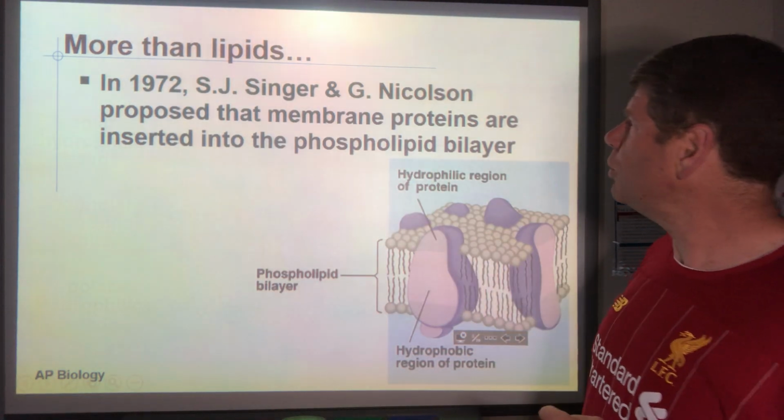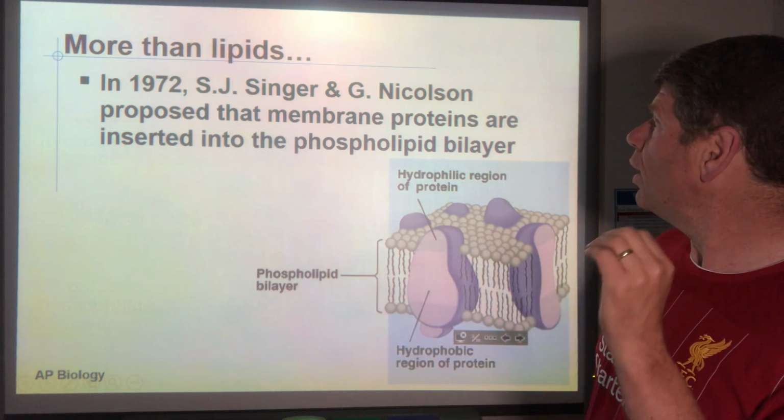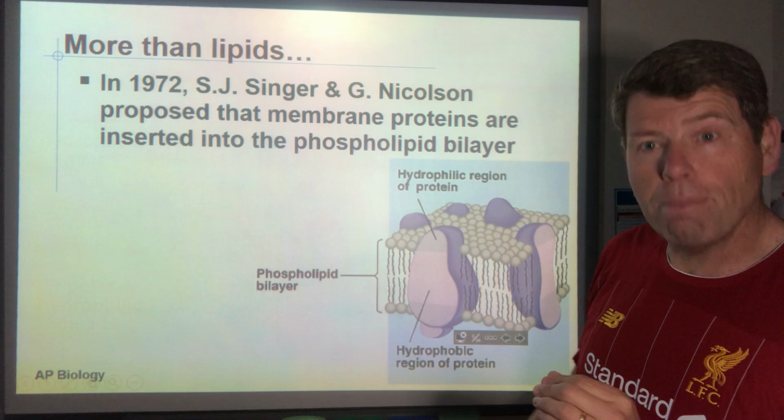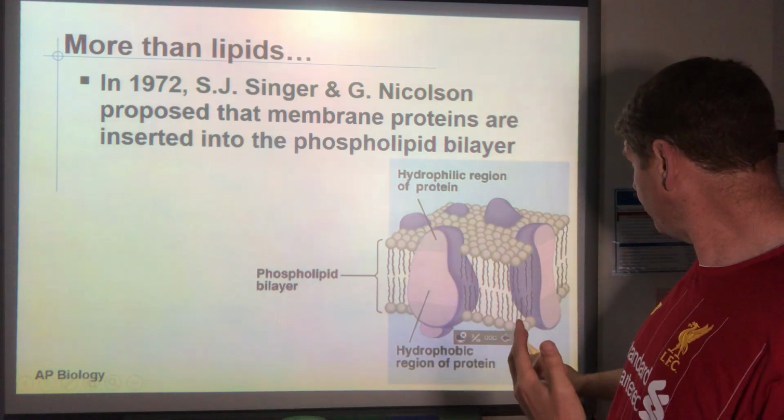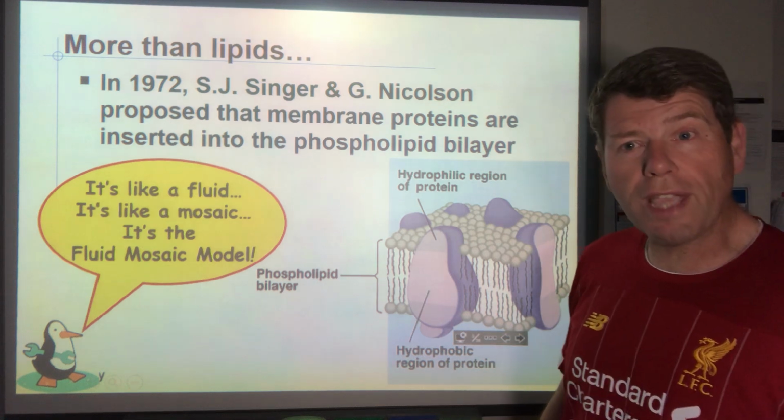In 1972, we have Singer and Nicholson. They proposed that there are also membrane proteins embedded in that phospholipid bilayer. That leads to what we call the fluid mosaic model.